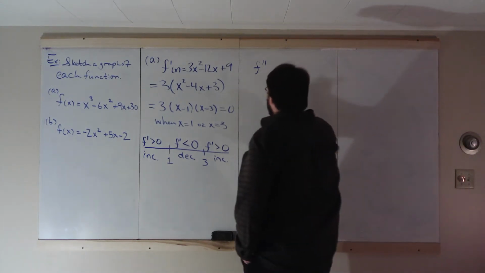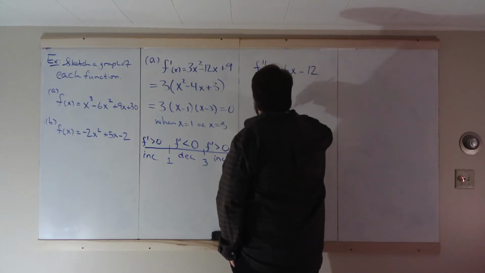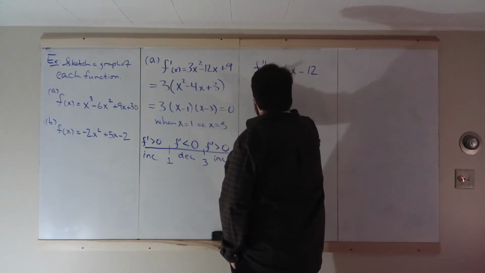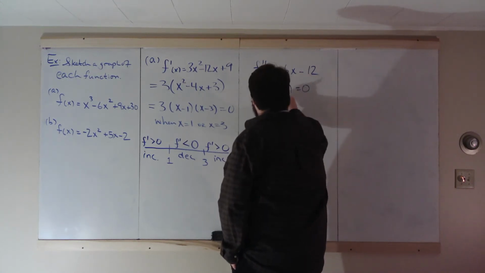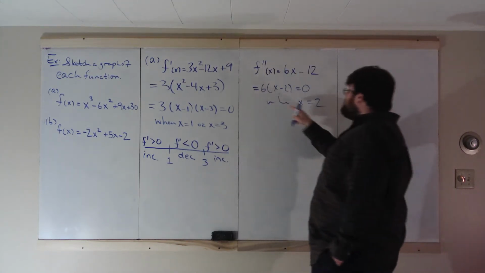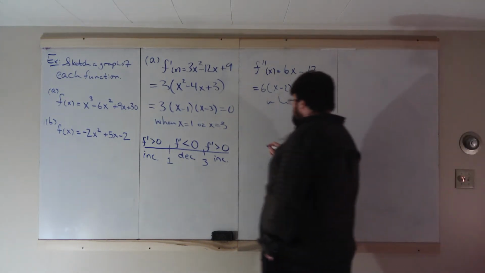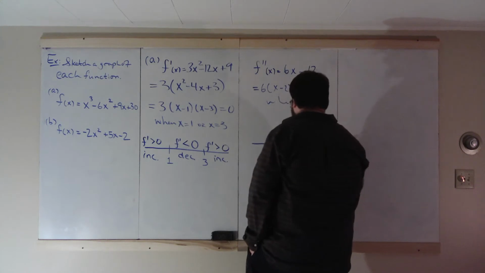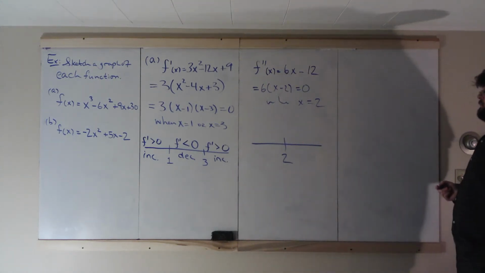So let's find the second derivative. 6x minus 12. We want to set this equal to 0. 6x minus 12 equals 0 when x equals 2. So that's the only point we need to consider, 2. So over here, the second derivative will always be positive or negative.